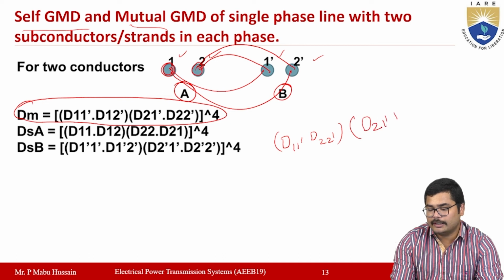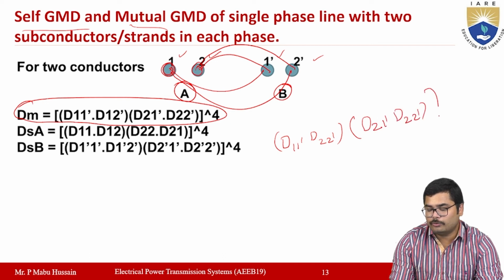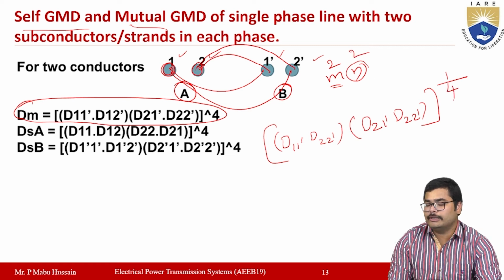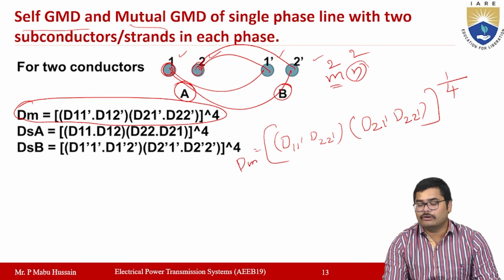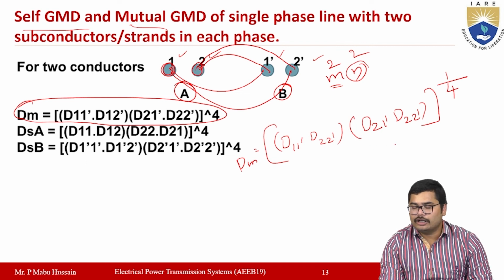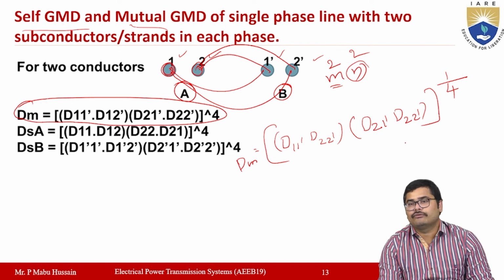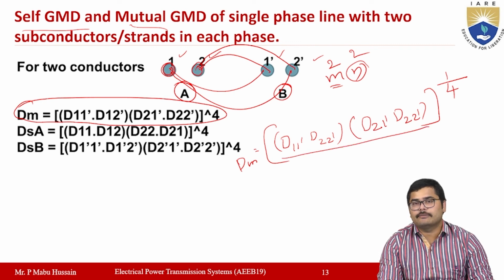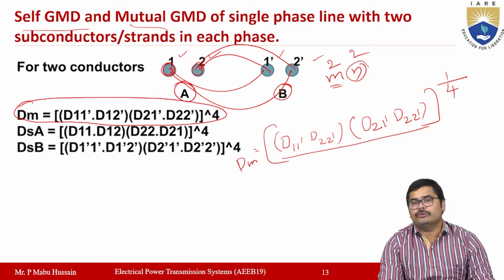The whole product is raised to the power of 1 by mn, where m is the number of subconductors in conductor A, which is 2, and n is the number of subconductors in conductor B, which is also 2, so 2 × 2 is 4. So dm = (d11' · d12' · d21' · d22')^(1/4). This is the product of all mutual distances from each subconductor of conductor A to conductor B.